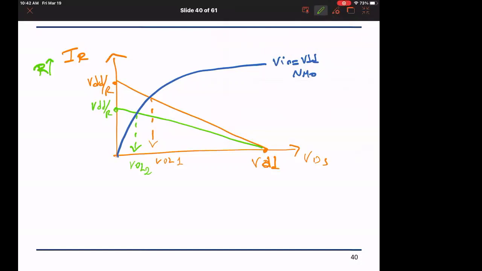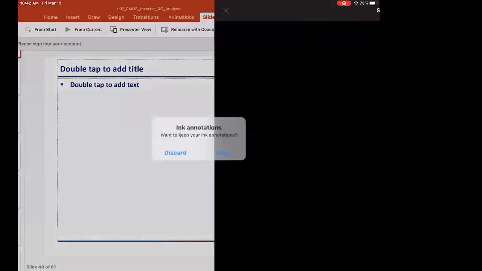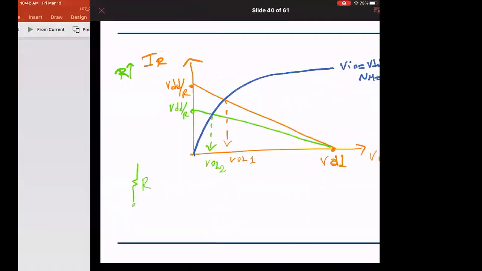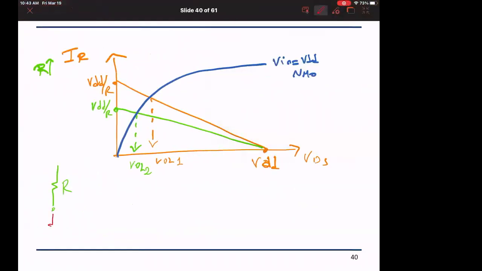Well, yes, depending on the technology, if I increase R, if I can have a very large resistor, what is going to happen? In real life, you have R here, and then you have the NMOS device acting as some resistor Rn, when Vn is VDD.